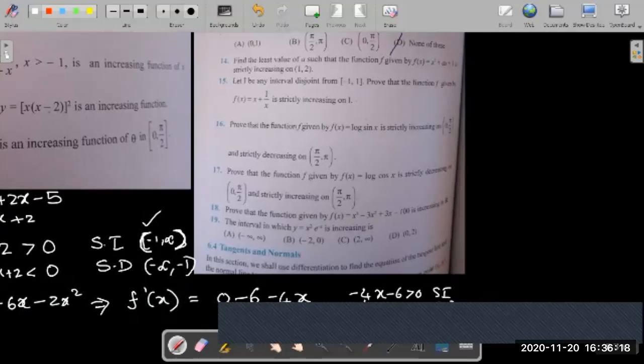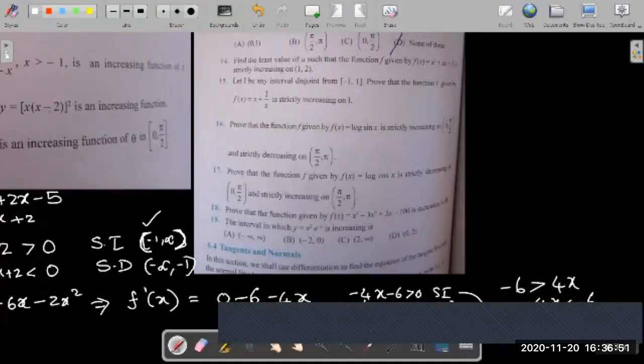Now for this, you take the minus 4x to the other side, that is the best one to do. So if I take the minus 4x to the other side, then I have minus 6 greater than 4x. If you rewrite that, 4x is less than minus 6, so x is less than minus 3 by 2. So x less than minus 3 by 2 is for strictly increasing.